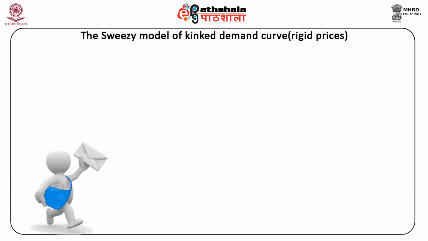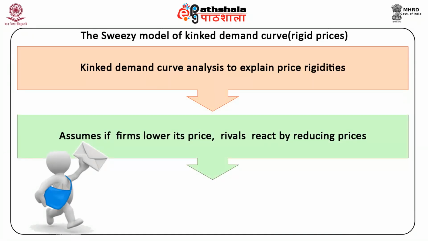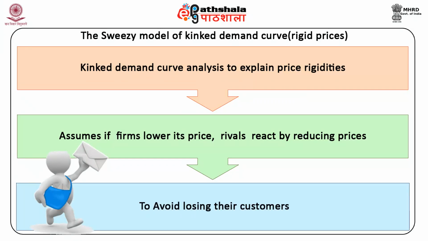Now, we will study the Sweezy model of kinked demand curve, that is, of rigid prices. In 1939, Professor Sweezy gave the kinked demand curve analysis in order to explain the price rigidities which are often seen in oligopolistic markets. In his model, Sweezy assumes that if an oligopolistic firm lowers its price, its rivals will react by reducing their prices too in order to avoid losing their customers.